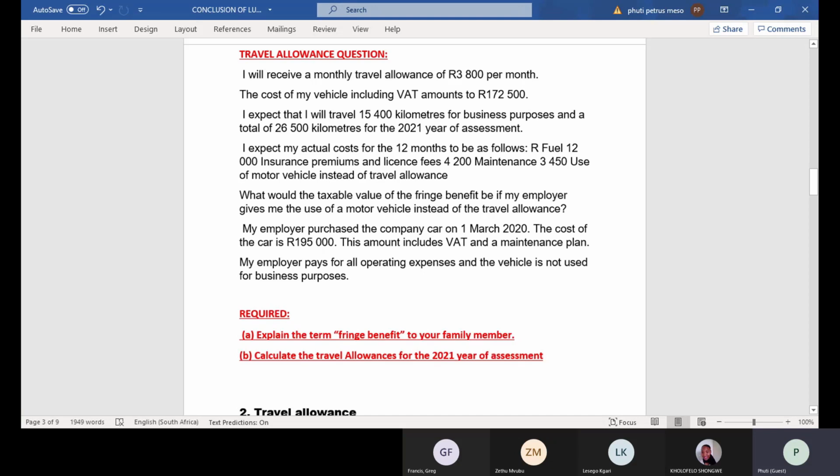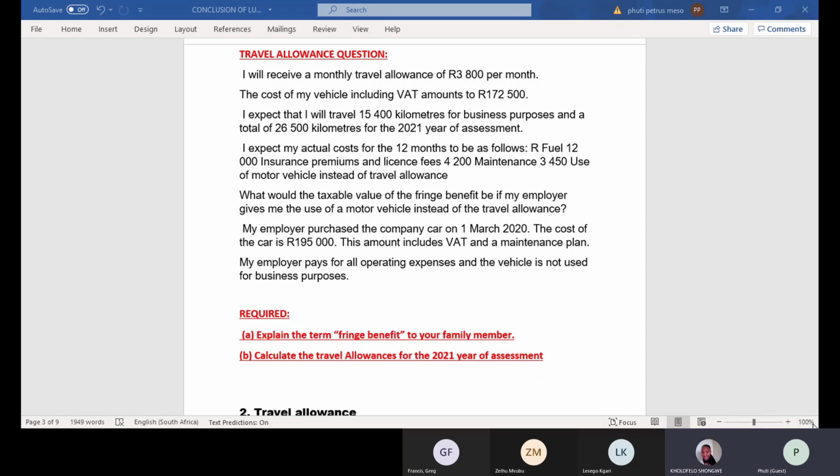Let's have a look at how you have to calculate your travel allowance. What are the underlying principles in understanding the determination of your travel allowance? It is basically going back to the steps. Do you mind leading me through those steps?